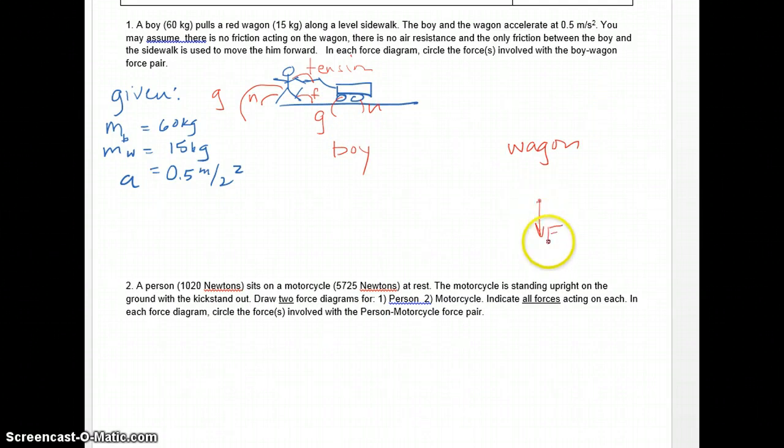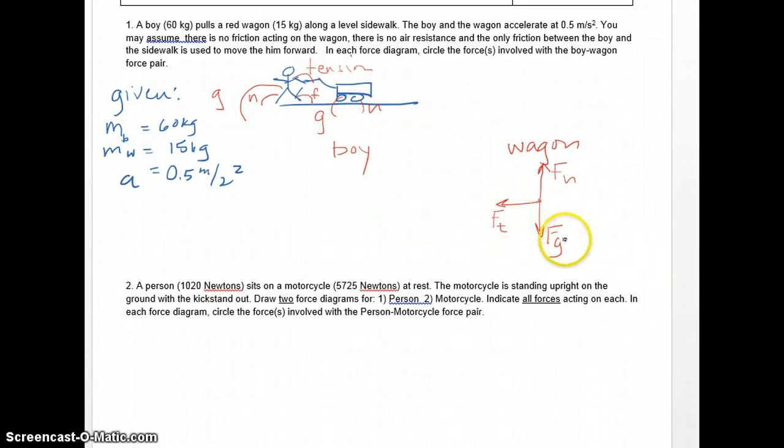Here's the force of gravity. And I know that the wagon is not moving up or down, so that's a normal force. And then the next thing I'm going to ask myself is, the wagon is being pulled. Which direction is it being pulled? The wagon is being pulled this direction through a force of tension. So now let's do the force pairs, and that's what we're going to add over here.